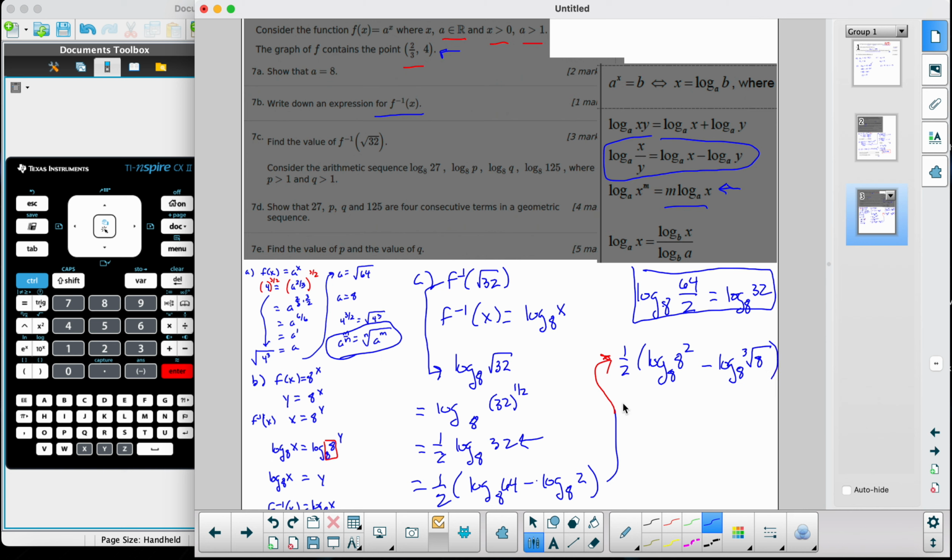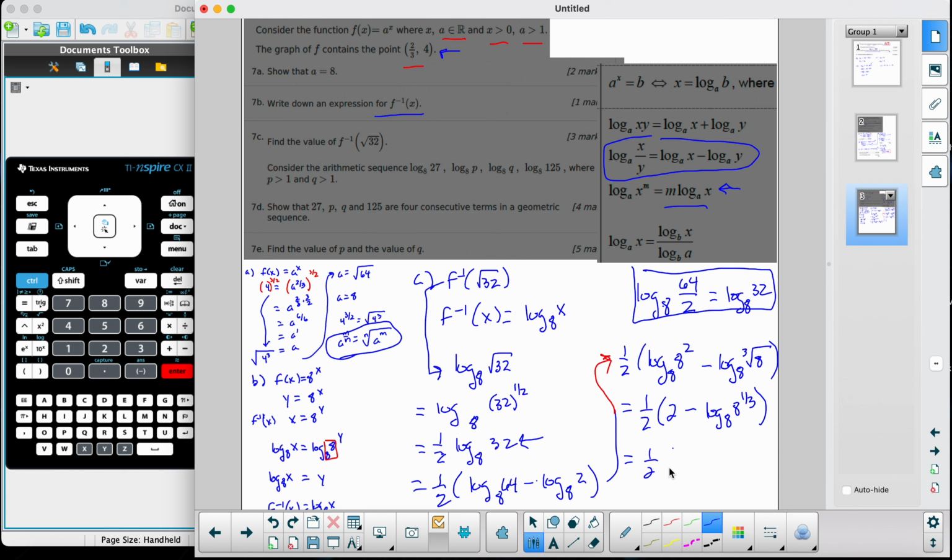Because of that, I now have 1/2 times 2, because log base 8 of 8 squared is 2, minus log base 8 of 8 to the 1/3 power. That's the whole reason I did this, so I could get 8 and 8 here, and then it's equal to the exponent.